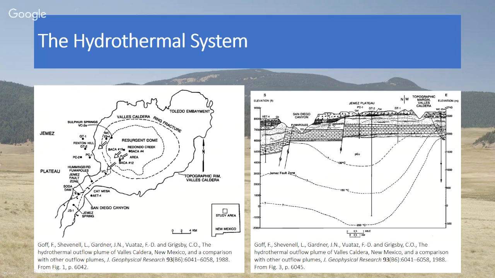If you look at the geothermal gradients, you can see in this direction, basically going north, this direction, and then west. So as you go north, the subsurface temperature is high in the Jemez fault zone because this is the drain of the hydrothermal system. You get outside the fault zone, subsurface temperature drops.